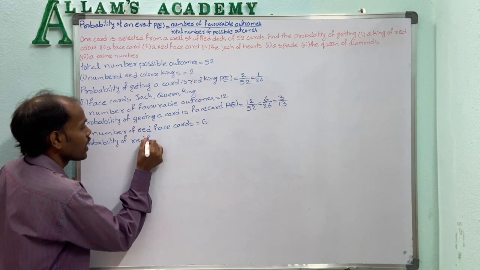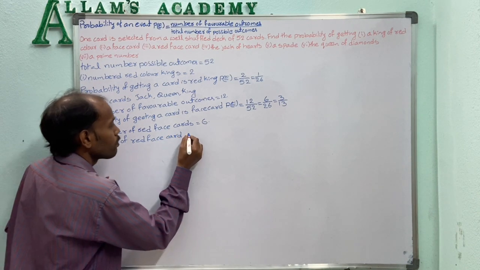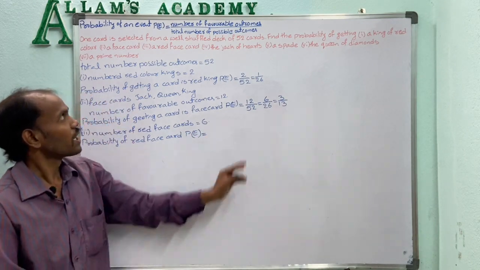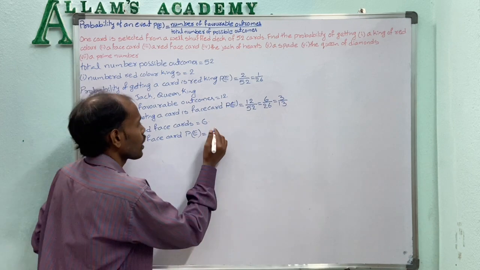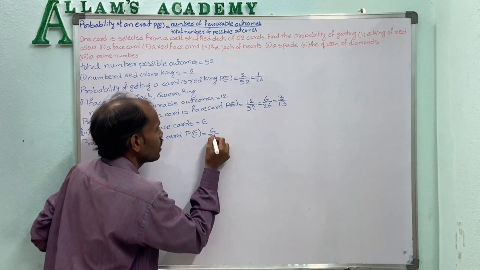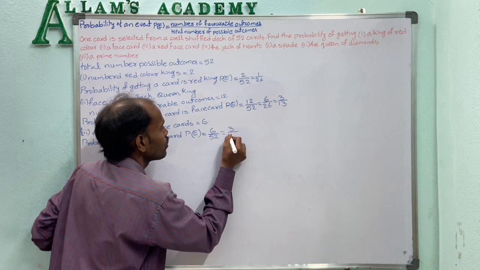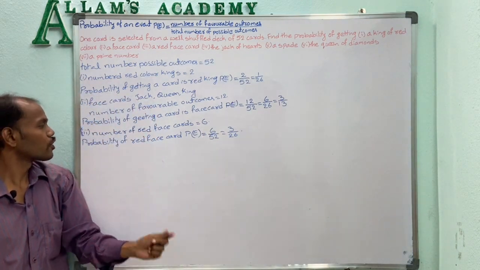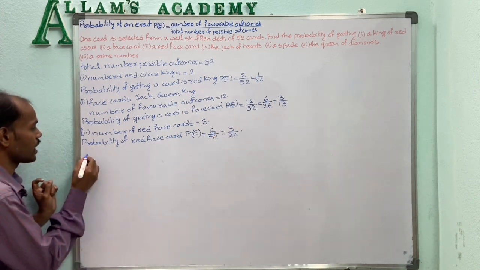P of E is equal to number of favorable outcomes by total number of possible outcomes. Favorable outcomes are 6 and total outcomes are 52. Simplifying, the probability of getting a red face card is 3 by 26.